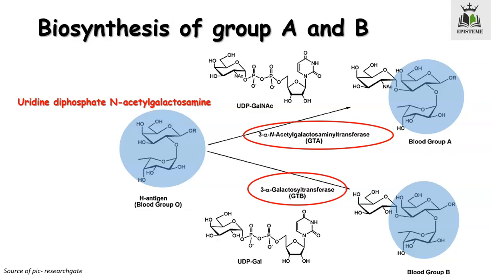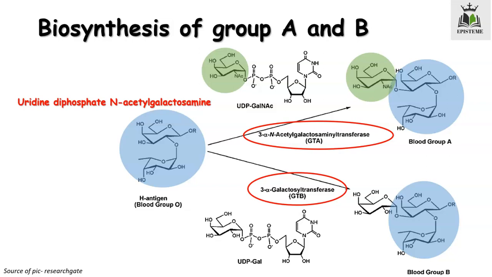This compound is used as a substrate for the GTA enzyme, and they will transfer this GalNAc to the H antigen. As a result the A antigen is formed, and so our blood type is now A.